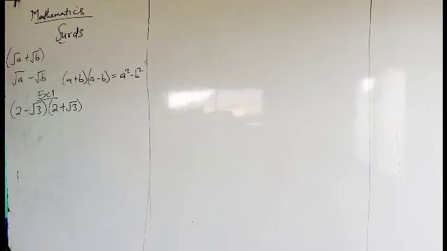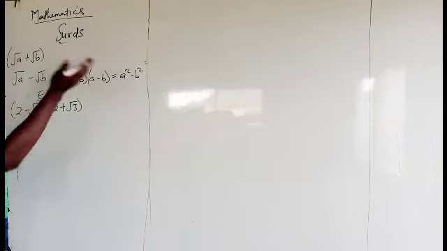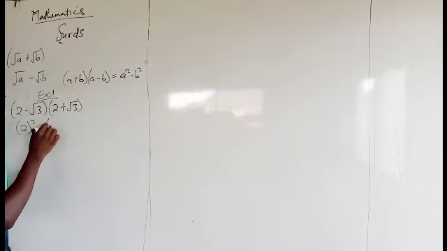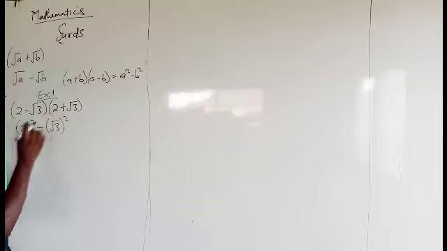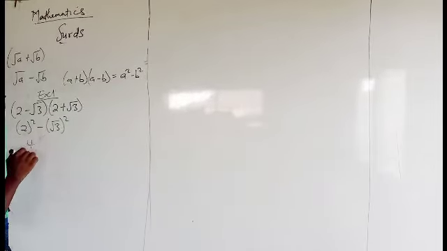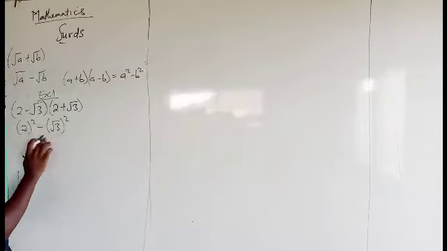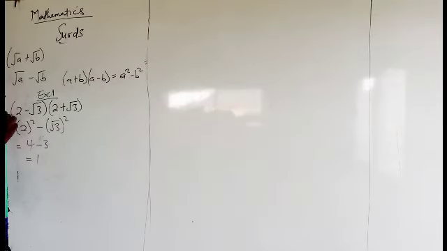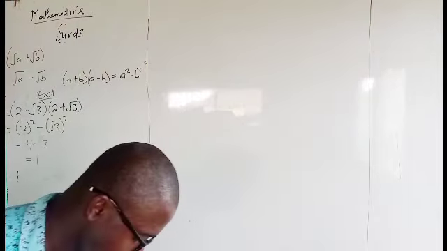Okay. So let's use this. So this will be 2 squared minus root 3 squared. So this gives us 4 minus 3. So our answer is what? 1. So this is our answer.